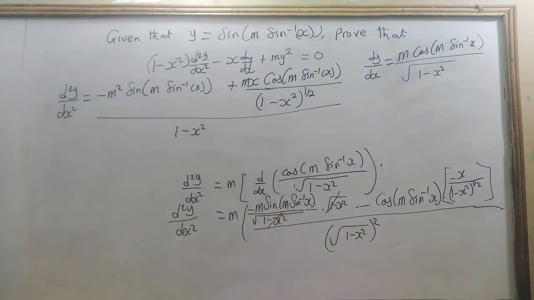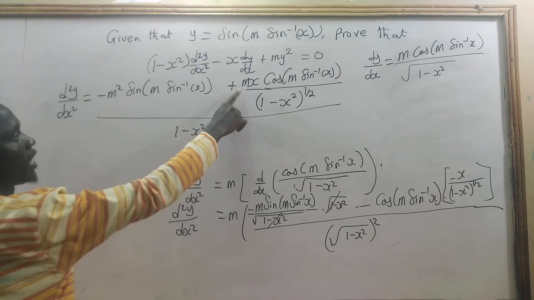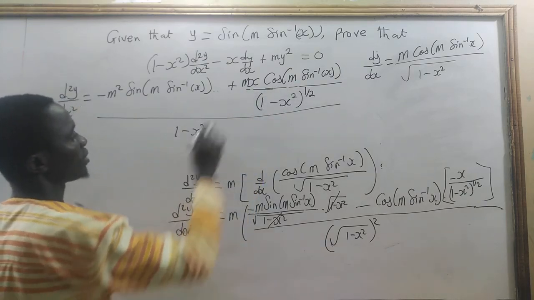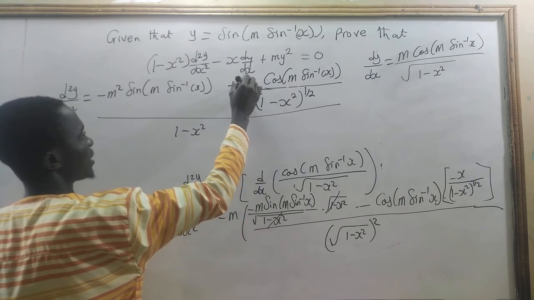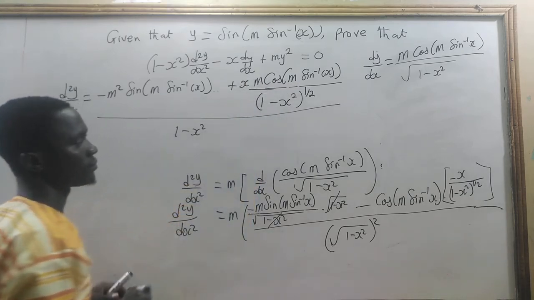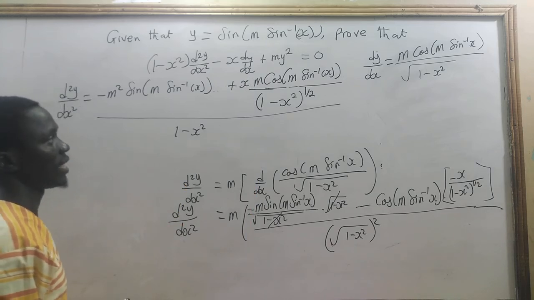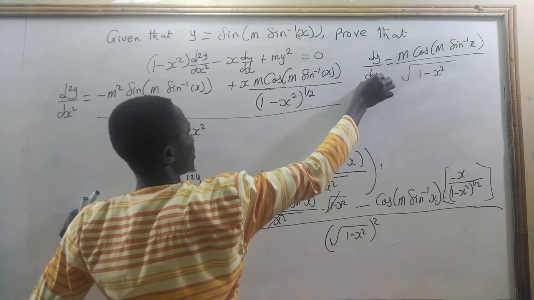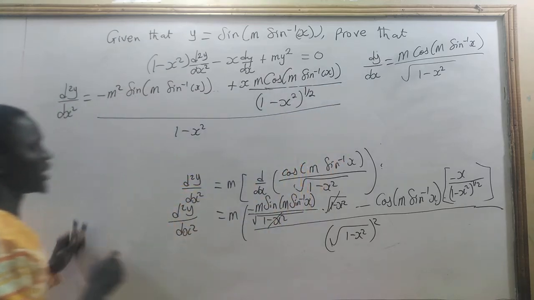Okay, so we have mx cosine of this, so we can write it as x and then m. Very simple as that. And then look at what this represents. It represents dy on dx. So let's put dy on dx there.